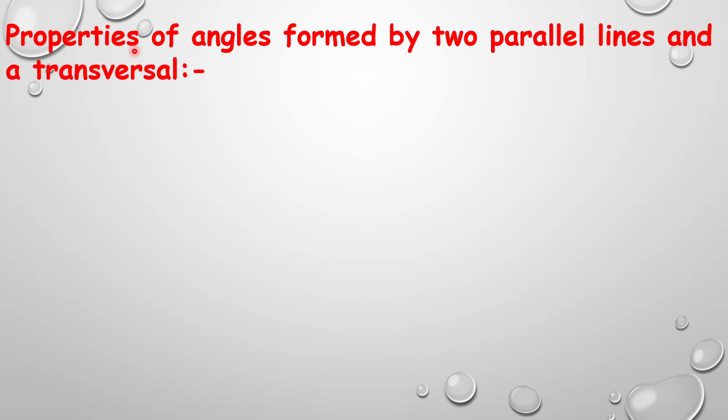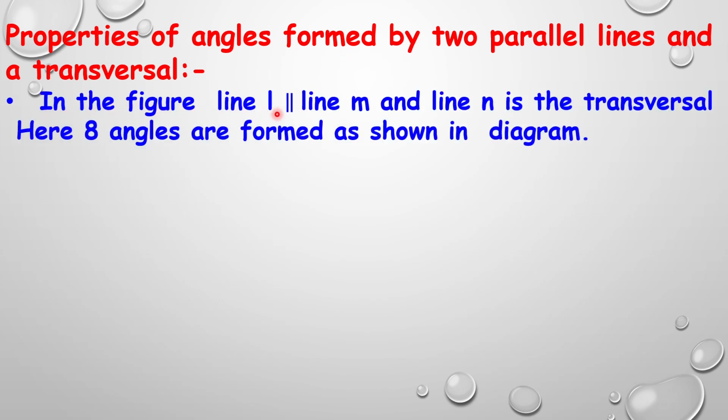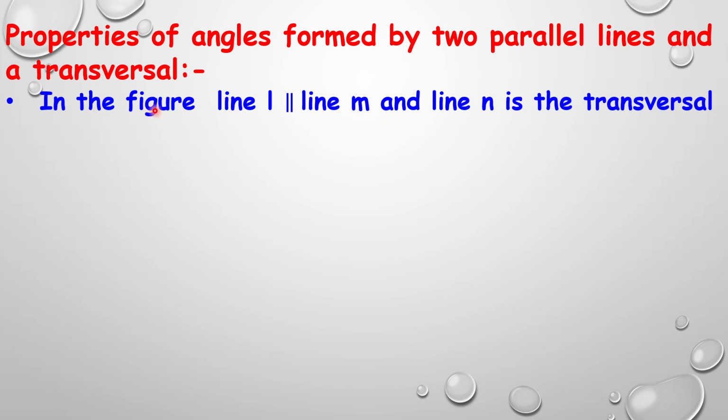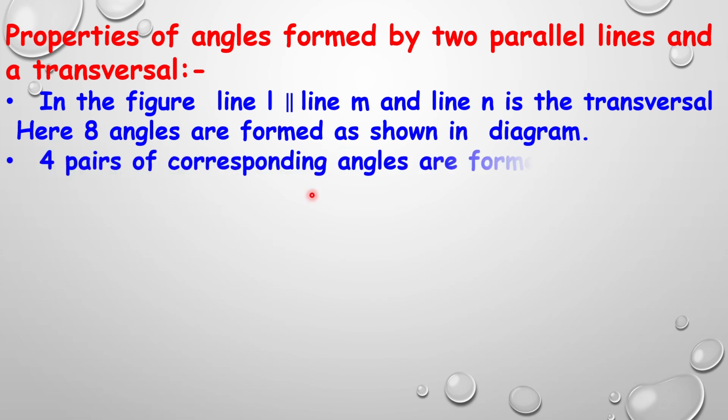Now we have to learn the properties of angles formed by two parallel lines and a transversal. In the figure, line L is parallel to line M and line N is the transversal. Here, 8 angles are formed as shown in the diagram. The first property is: 4 pairs of corresponding angles are congruent.